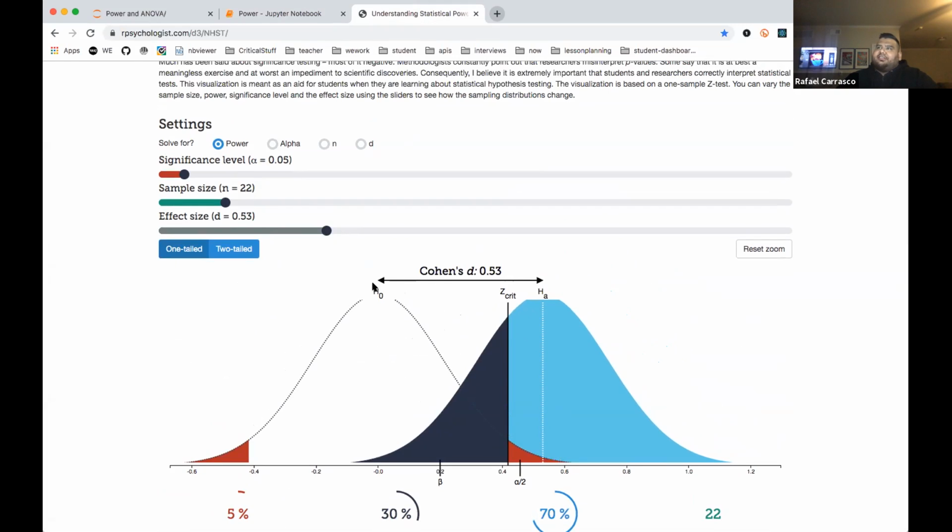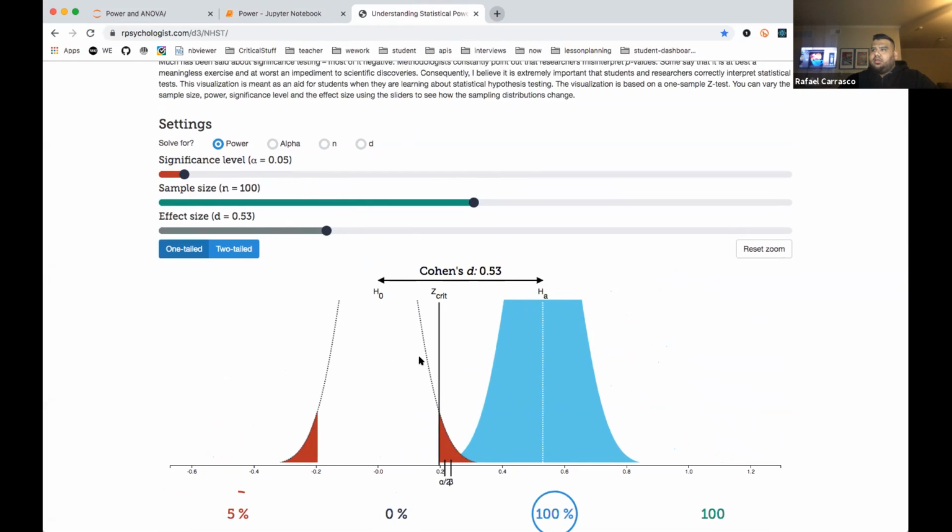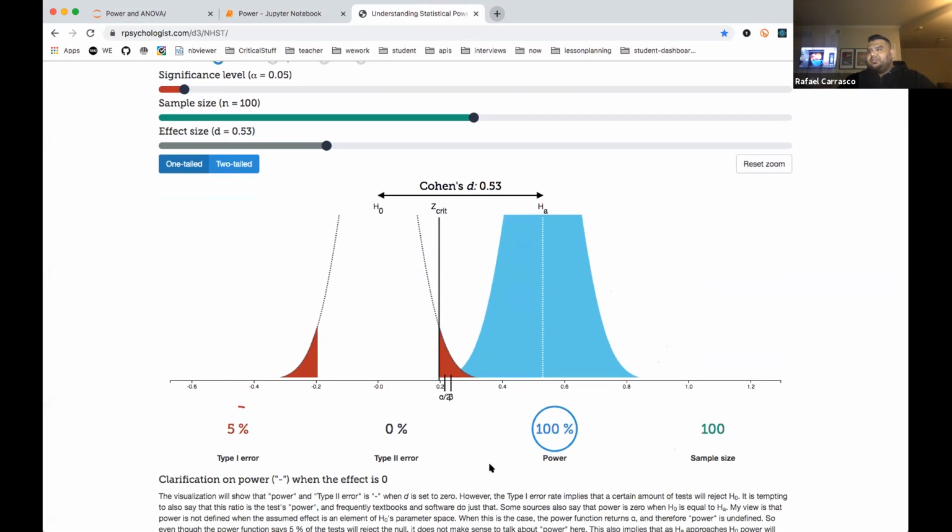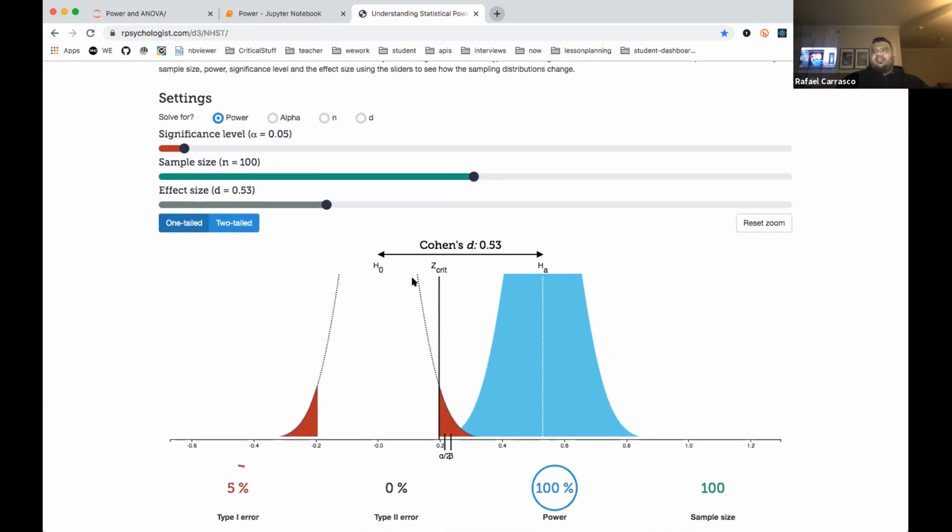All right, so notice the effect size is measuring kind of like the distance between our two means right here. Now, if I change my sample, so earlier I had a sample of like 100. Well, my power is 100% now, right? There's no room for type 2. Why?